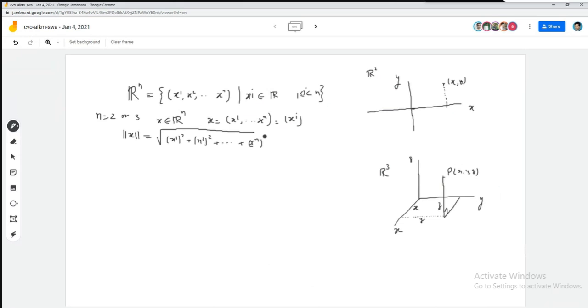So this is the norm of a vector. You will study general norms in the second semester, but this is the standard norm, called the Euclidean norm.